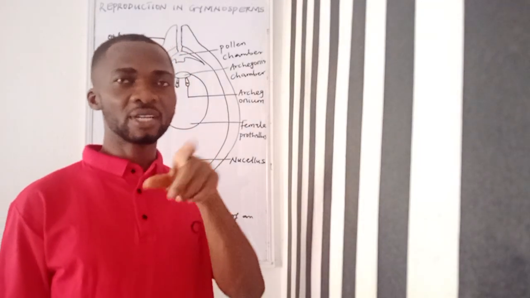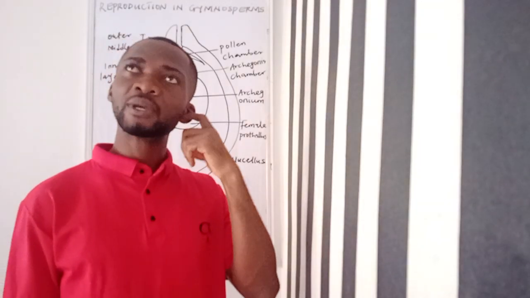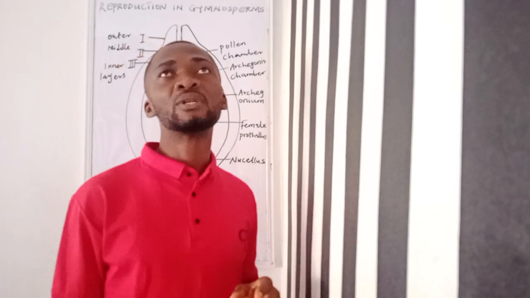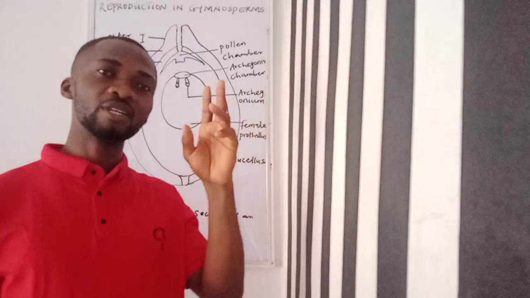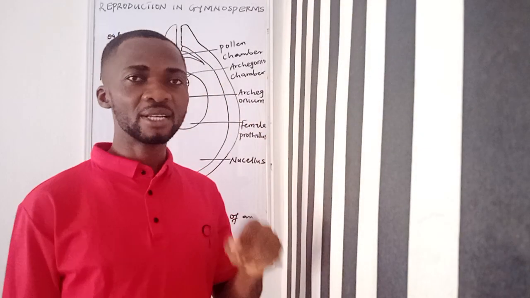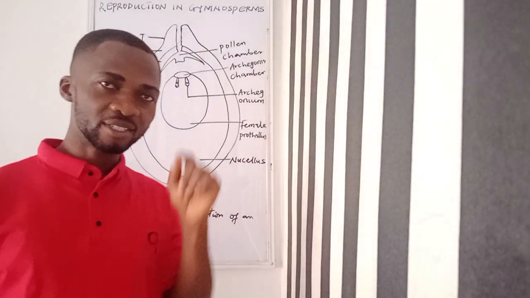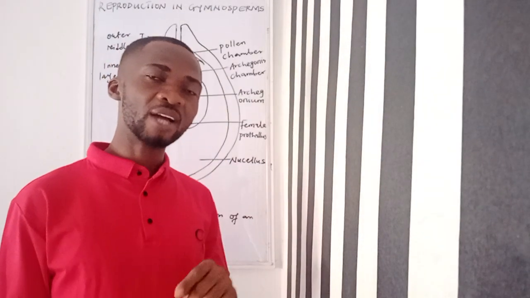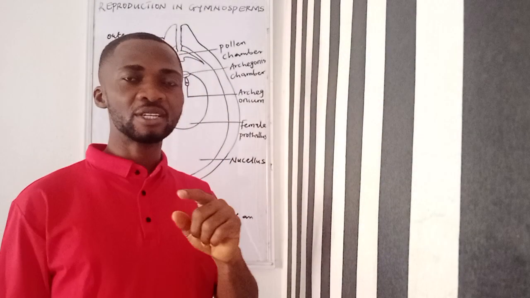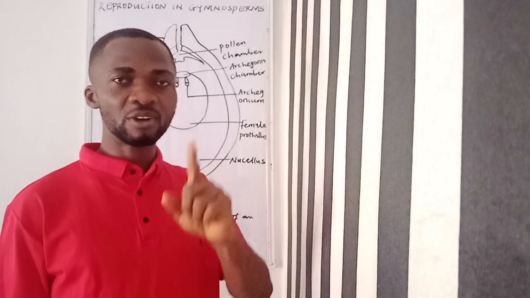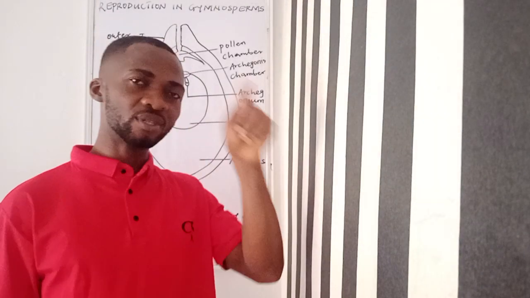And of course, the carpel is the female part of the flower, but the carpel of gymnosperm is devoid of the stigma, the style, and the ovary. You can remember pollination, the transfer of pollen grains from the anther to the stigma.